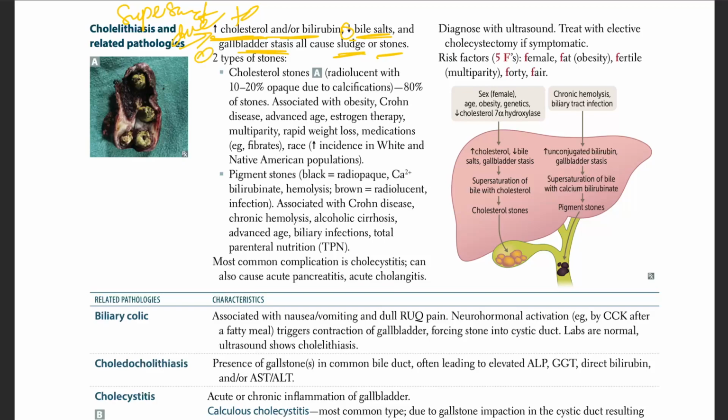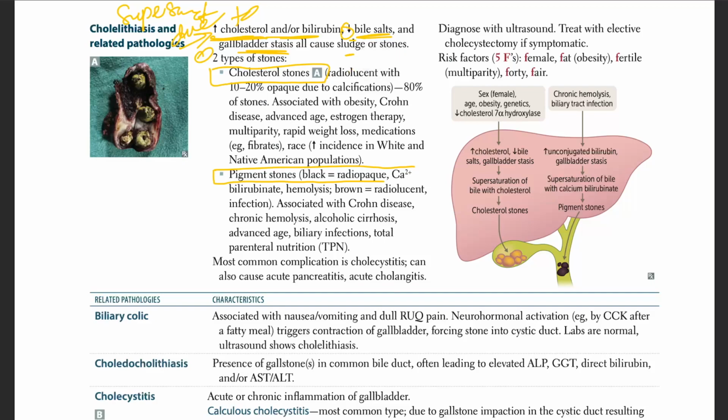There are two types of stones. One is the cholesterol stones, looking at picture A, and the other is the pigmented stones. So the cholesterol stones are radiolucent. What do we mean by radiolucent? Radiolucent means they can't show on X-ray.